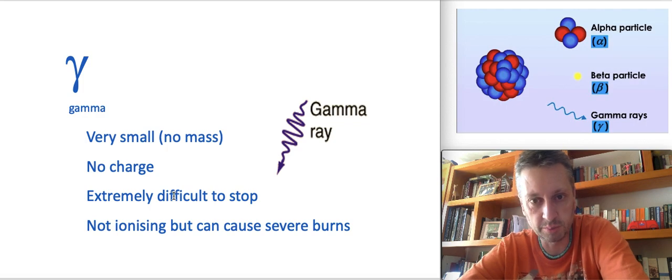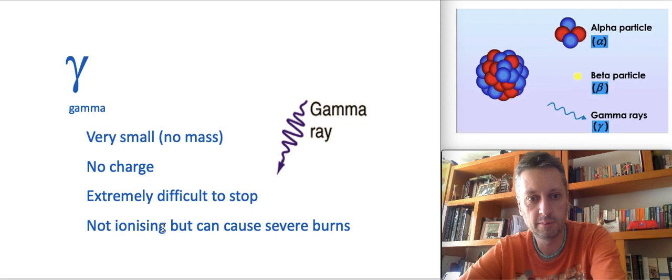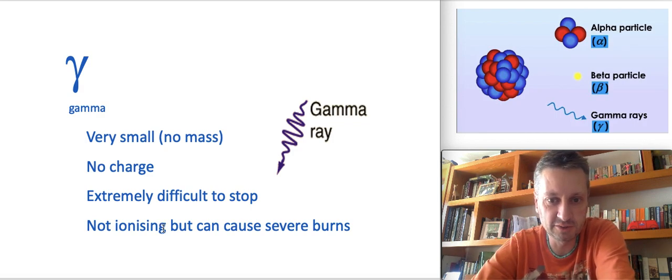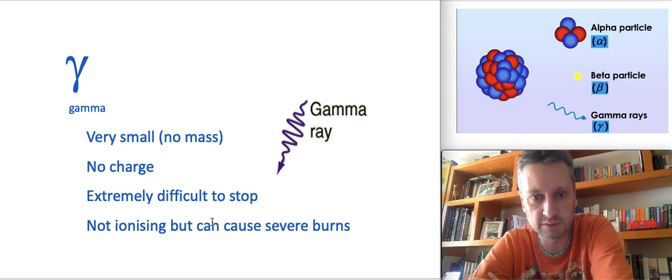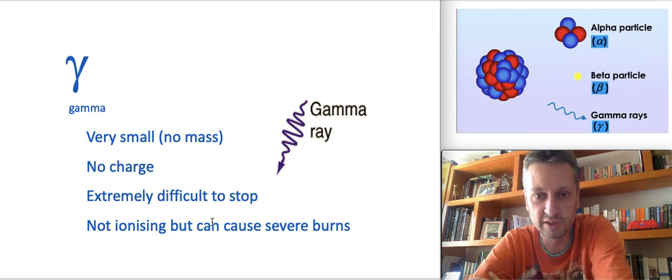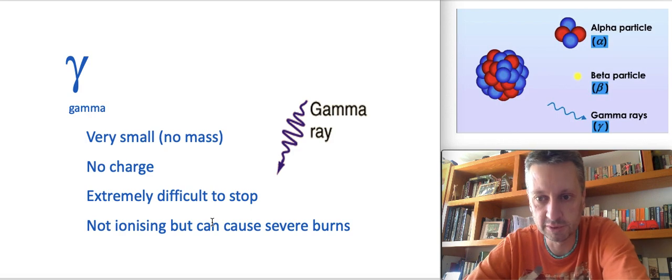Very, very difficult to stop in this case because they've got so much energy. They're not ionizing because they don't really have the ability to knock electrons out of other atoms. But they're still very, very dangerous because they can cause very, very severe burns. You've possibly seen pictures of survivors of the Hiroshima or Nagasaki bombs with awful radiation burns, and those radiation burns are caused by gamma rays.